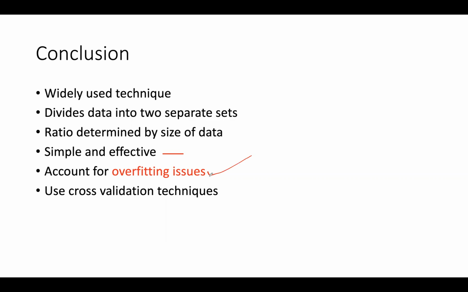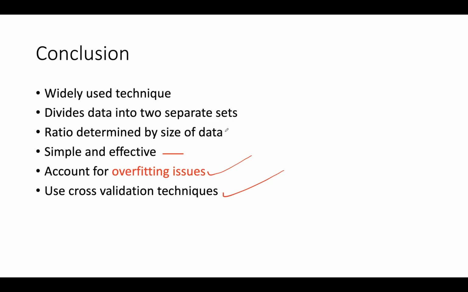Sometimes you don't need to rely too much on the performance. To address this, we can use cross-validation techniques, just to ensure we provide a more robust estimate of the model's performance. This will ensure that we generalize well on the new data.